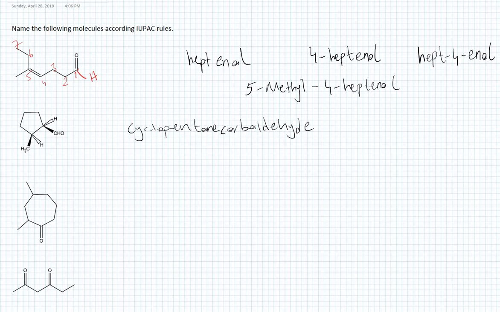We have a methyl substituent, and what is the location of the methyl substituent? Let's number the ring. So this is 1, 2, 3, 4, 5. At the second carbon we have a methyl, and at the first carbon we have the aldehyde functionality.